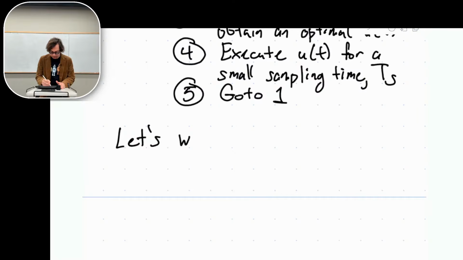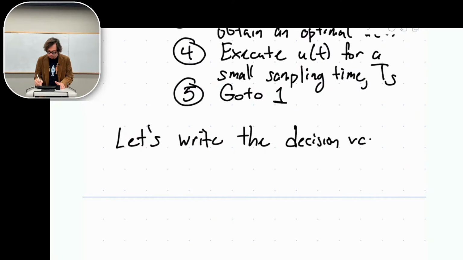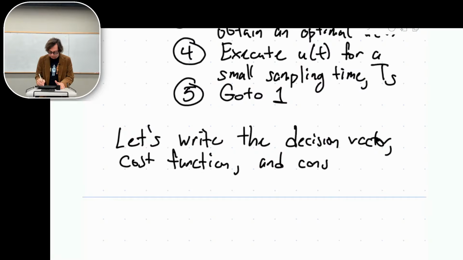Let's write the decision vector, cost function, and constraints for a model predictive controller.